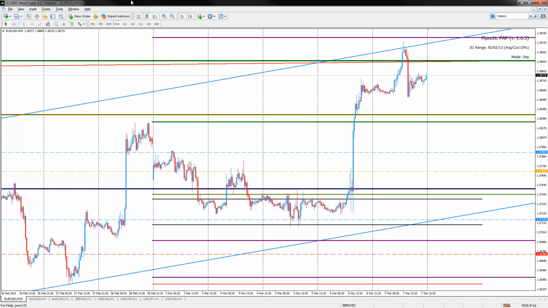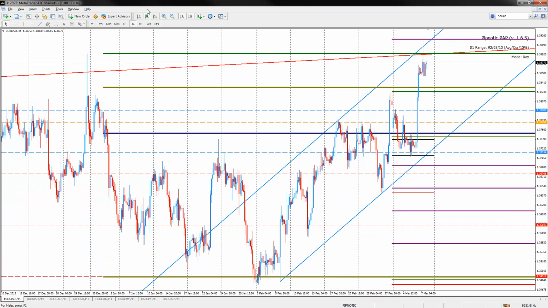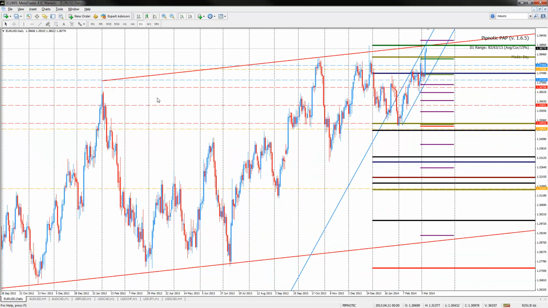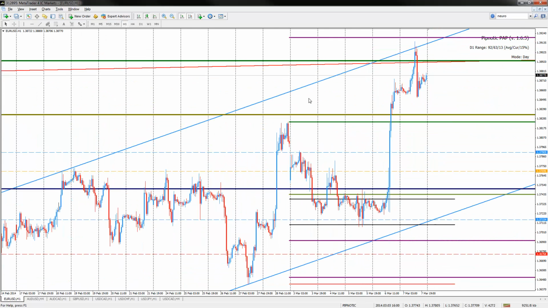The channels are very, very useful because they give you a very good indication of the direction of the trend. So if you're looking at a 4-hour channel like this, it's probably a good idea to stay out of the short trades and only buy this currency pair. You could of course sell when price gets to significant levels like this, for example, but you have to be very, very conservative, with tight stops and small profits.